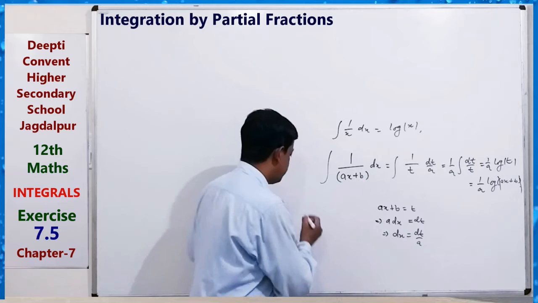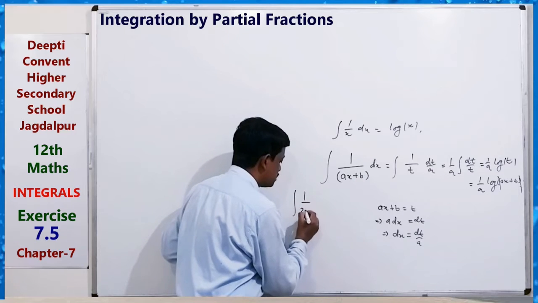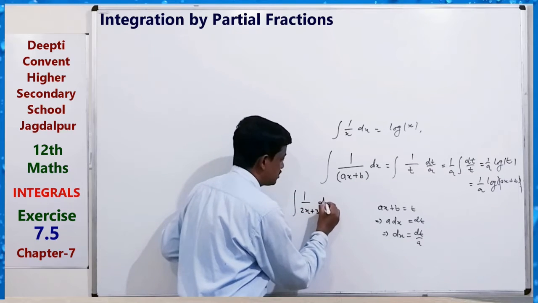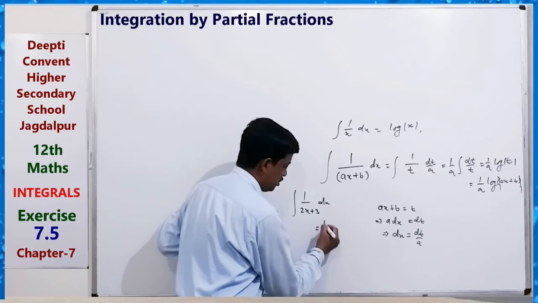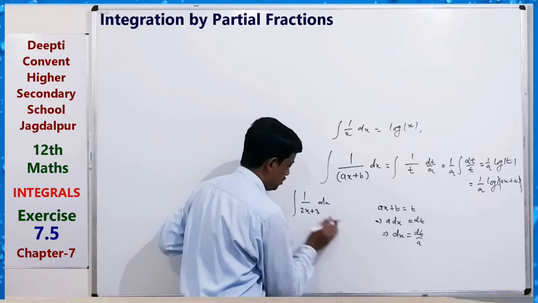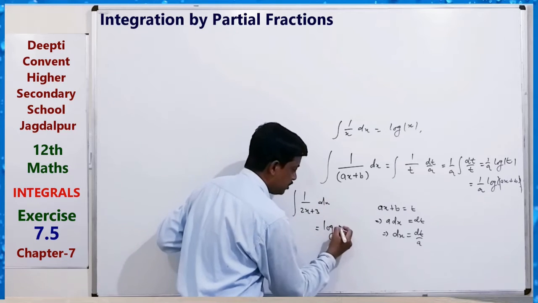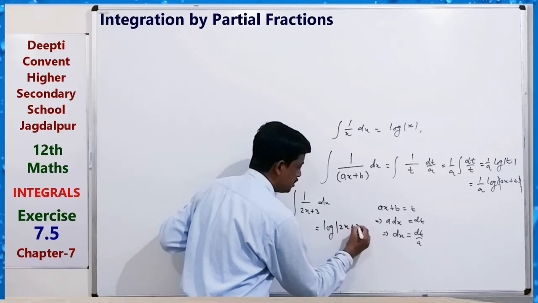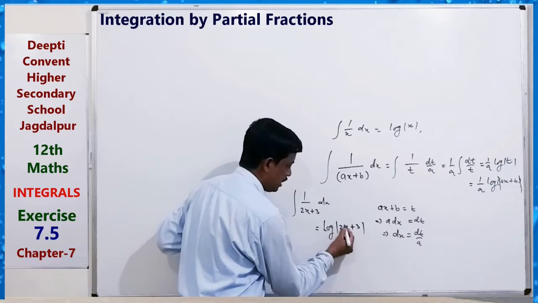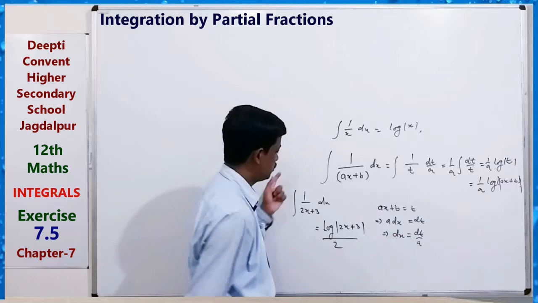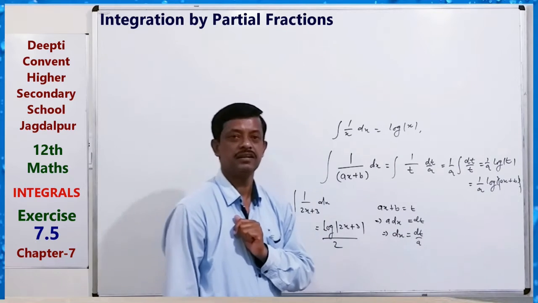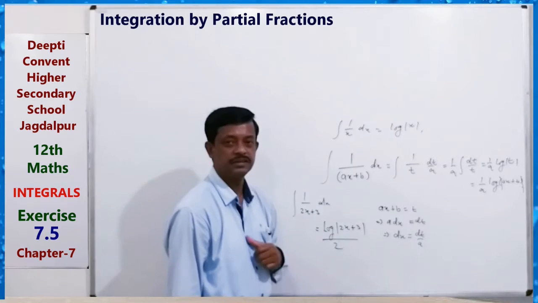So we can find it directly. Suppose 1 upon 2x plus 3 dx. This is equal to log of the single quantity, so mod of 2x plus 3. The coefficient of x is 2, so divided by 2.